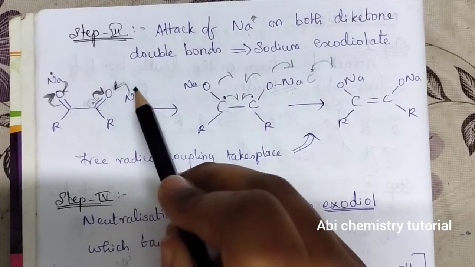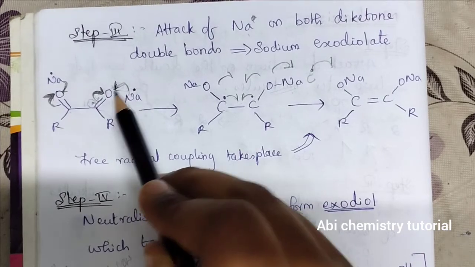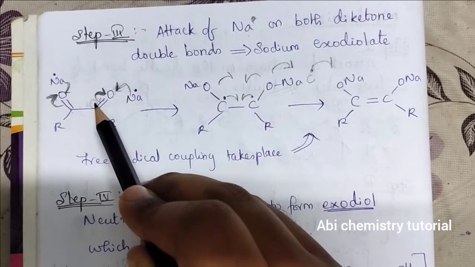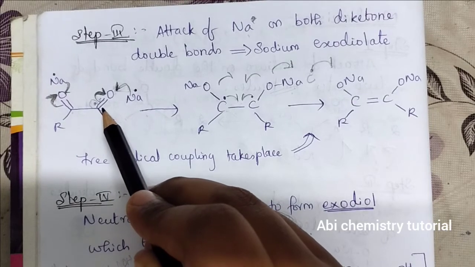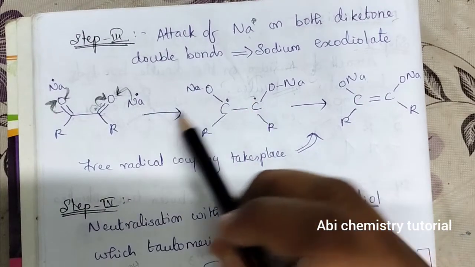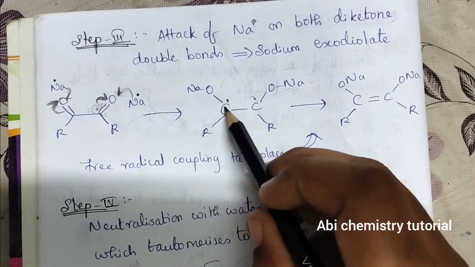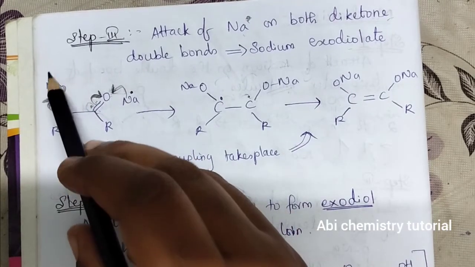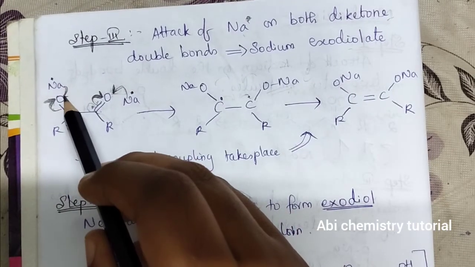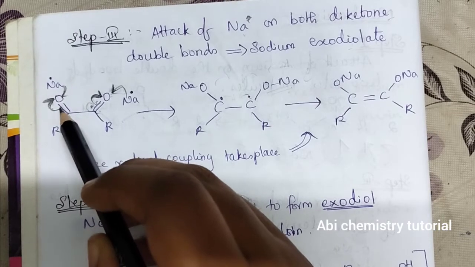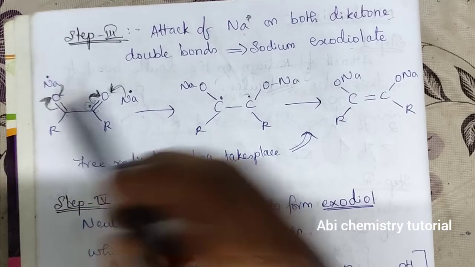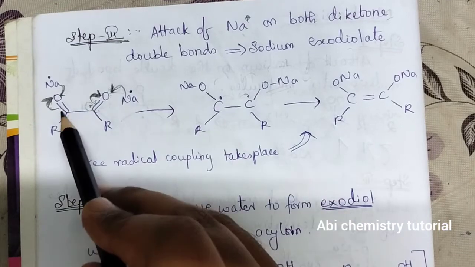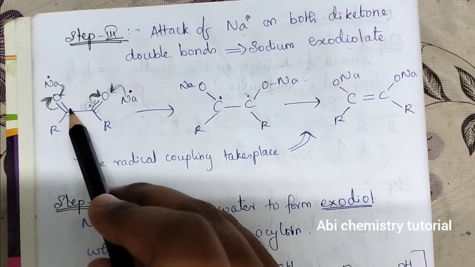This electron and this electron combine to form a bond, that is ONa, and one electron remains at this carbon's position. And this carbon will also have one electron, which is produced in the similar way. So sodium will give this valence electron to oxygen, and from this bond one electron will be shifted to oxygen, and this will create a bond ONa, and one electron will remain over this carbon.